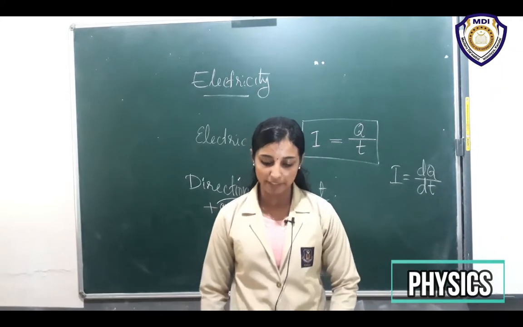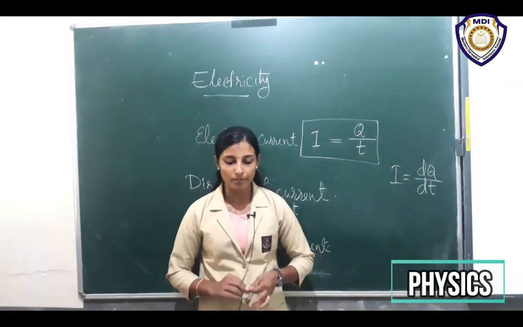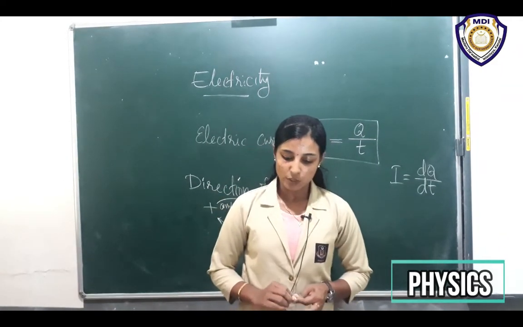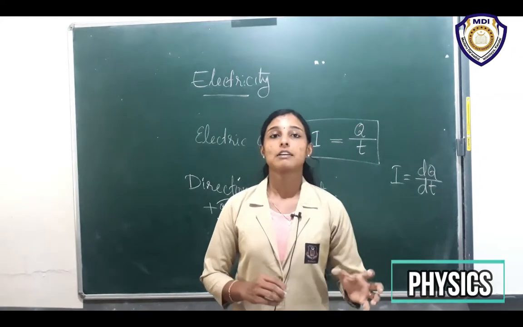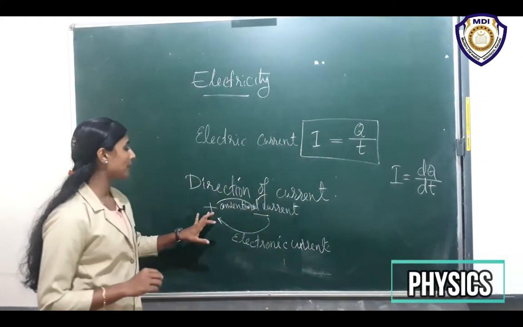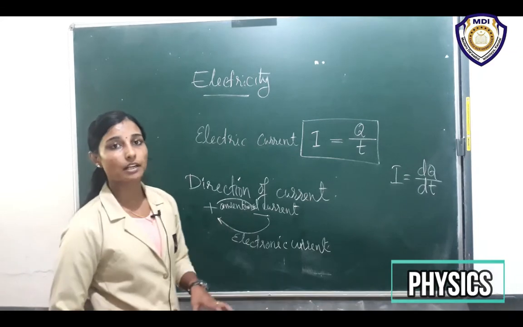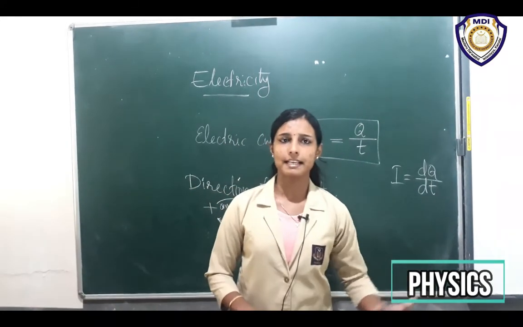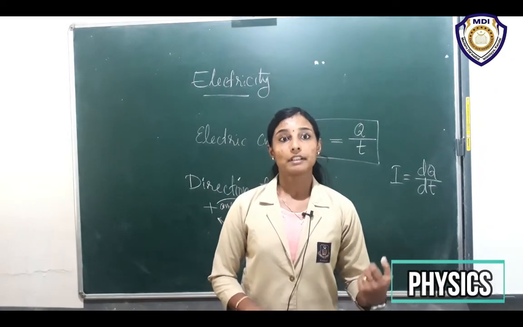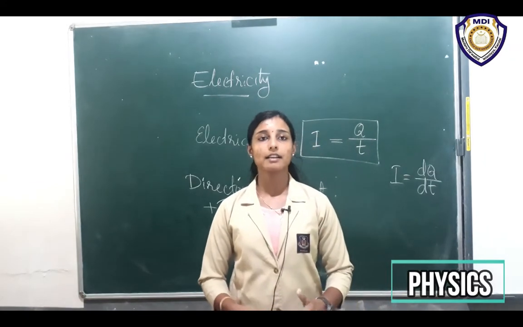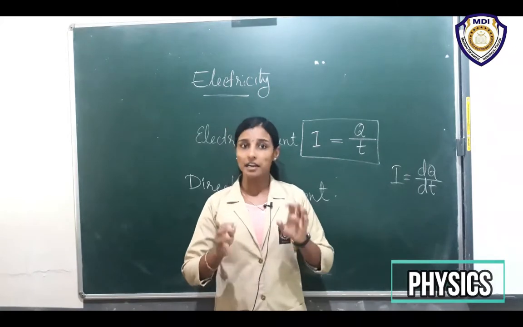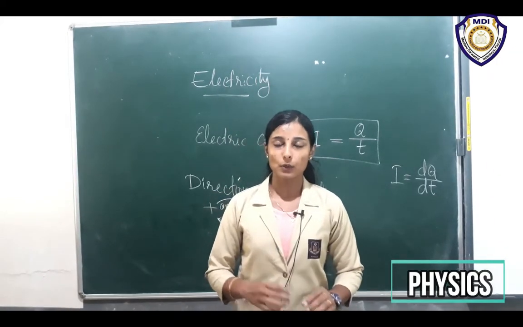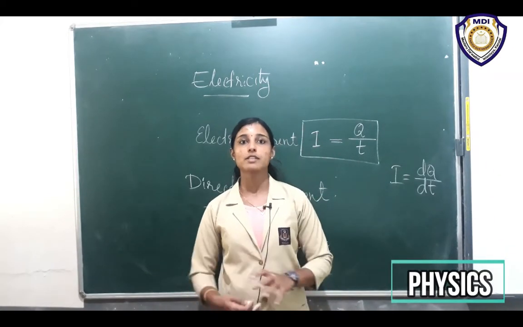Okay, so we mean that conventional current flows from the battery, from positive terminal to negative terminal. So in batteries and wherever we use this electricity, all that time we use conventional current. That is, for normal purposes, what we use is conventional current. Okay, so the electric appliances all use conventional current.